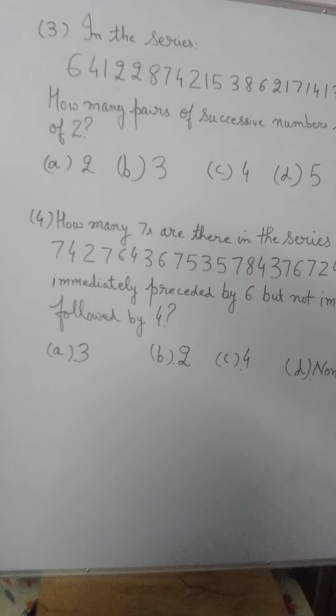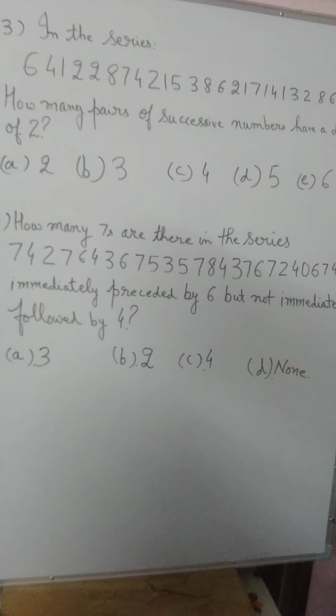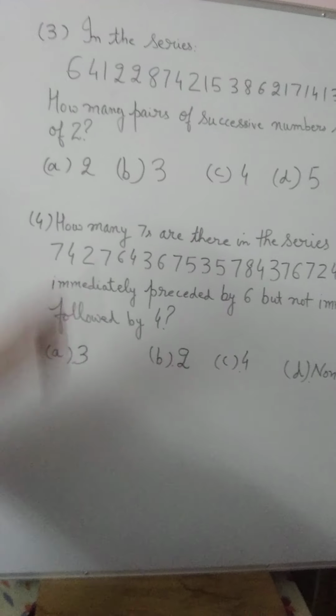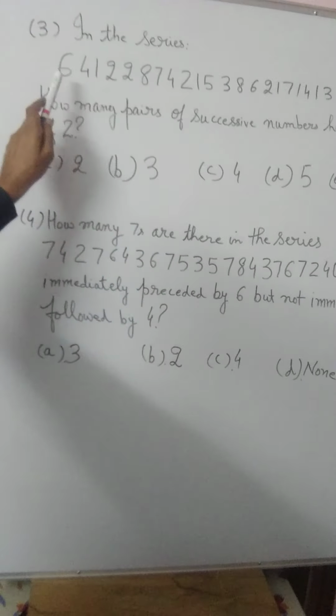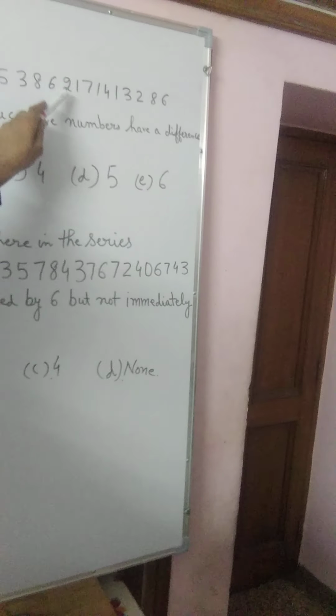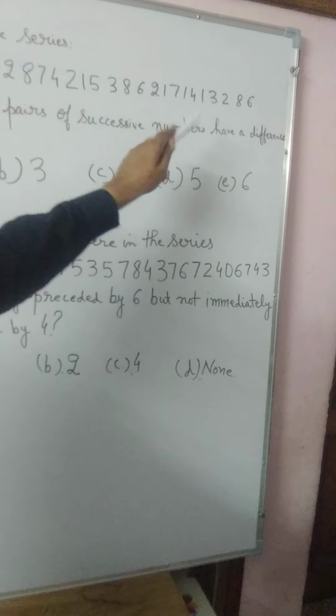Now in the second part of the first module of the series, we come to our third example. On the board we see the series 6 4 1 2 2 ... 8 7 4 2 1 5 3 8 6.